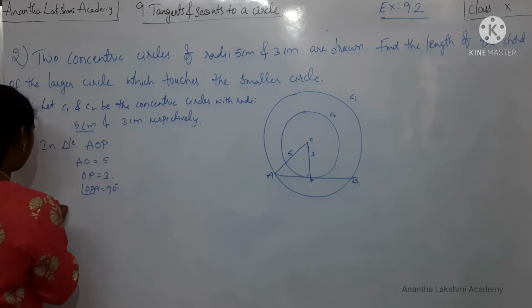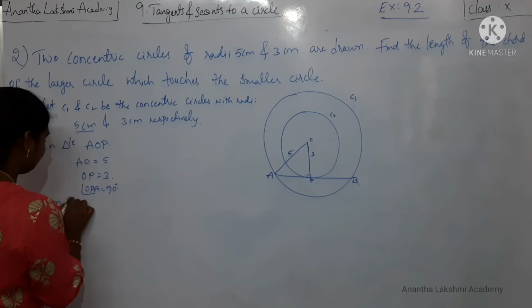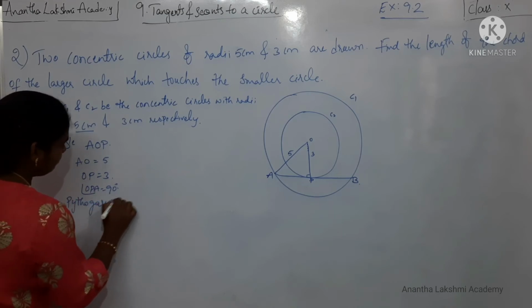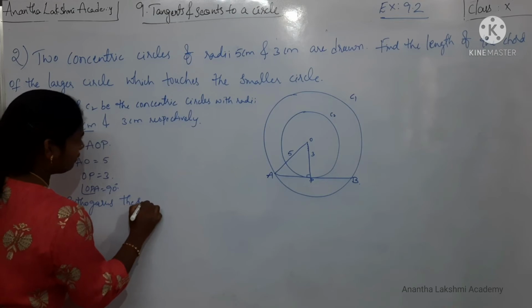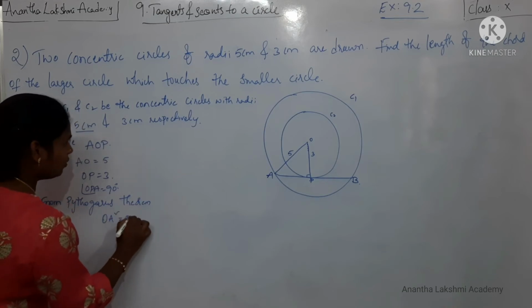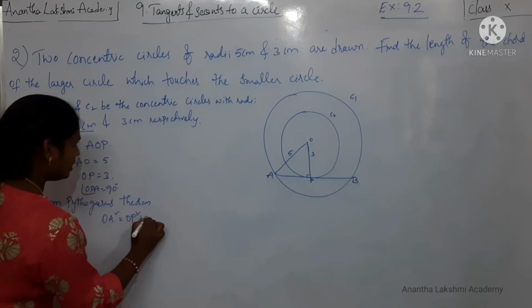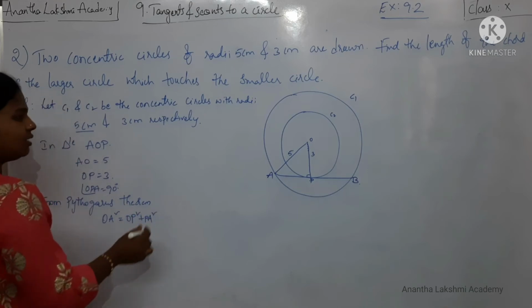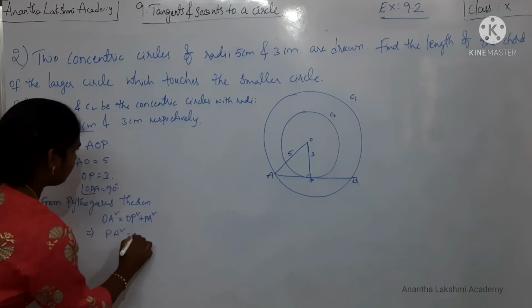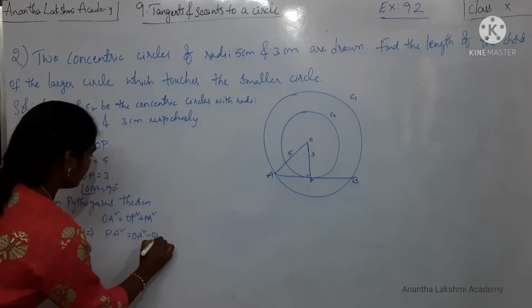So from Pythagoras theorem, what can we write? OA square is equal to OP square plus PA square. From here, PA square can be written as OA square minus OP square.